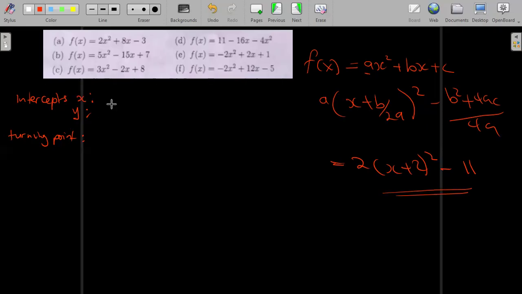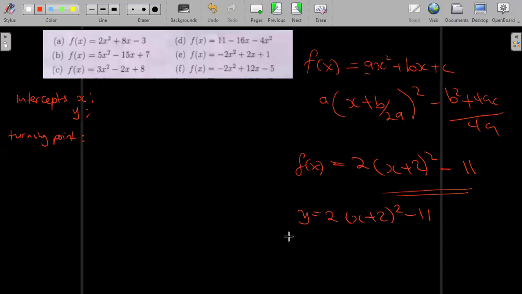How do we find these intercepts? Remember, this is f(x) or y, and f(x) will factorize to this. The x-intercepts are found when the value of y is 0. So this function where we ended, say this is y, 2(x + 2) squared minus 11, and we're saying when this is 0, that's when you can find the intercept.